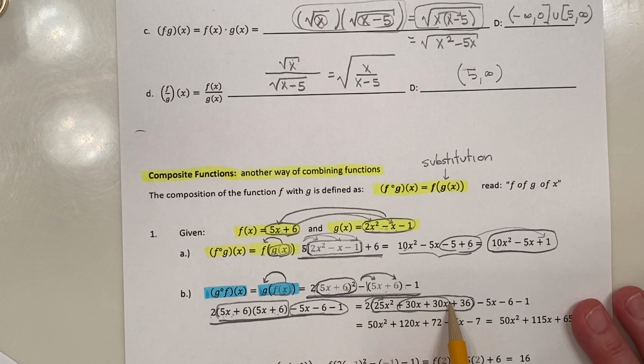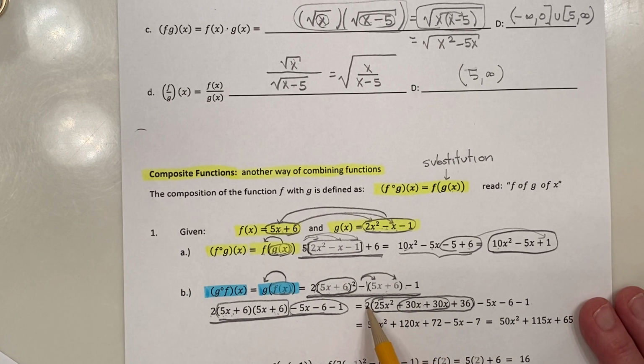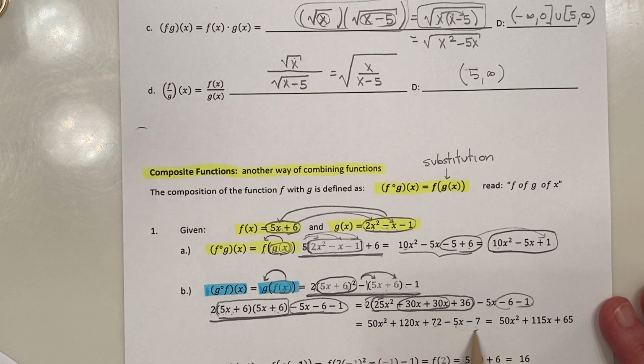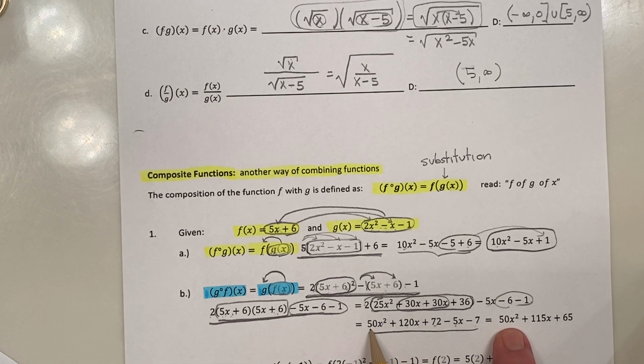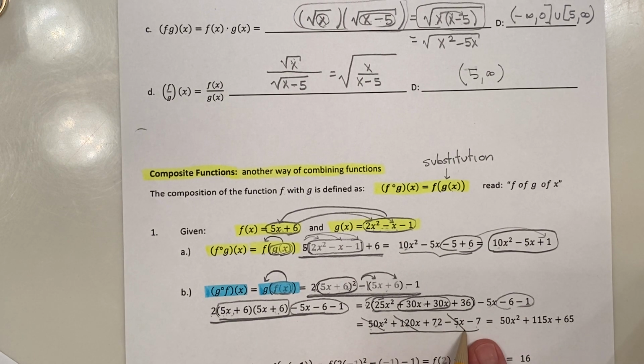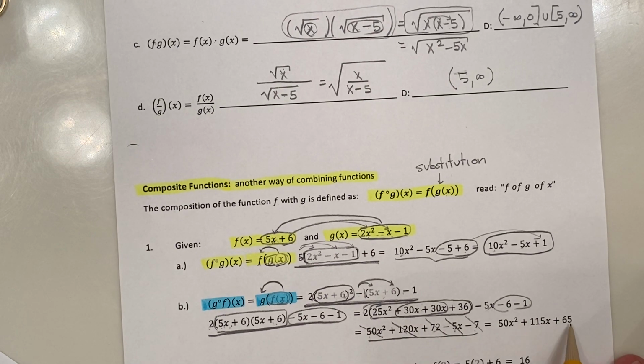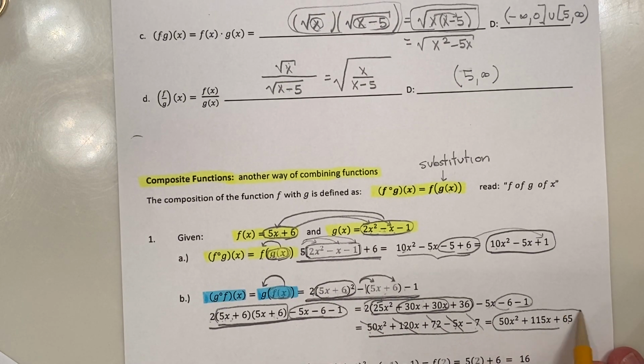I think they combined this and made it 60x, and 60x times 2 is 120x. And then 2 times 36 gives 72. Brought down the minus 5x, put those together, and this step made minus 7. Still have to collect 50x squared, that's gone. We've combined 120x and minus 5x, that's 115x, and 72 minus 7 produces 65.